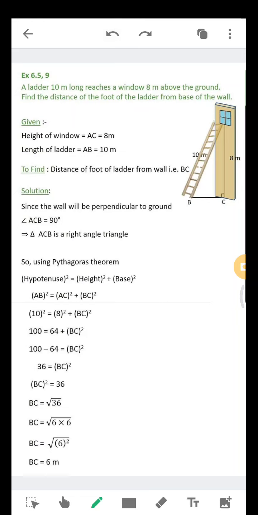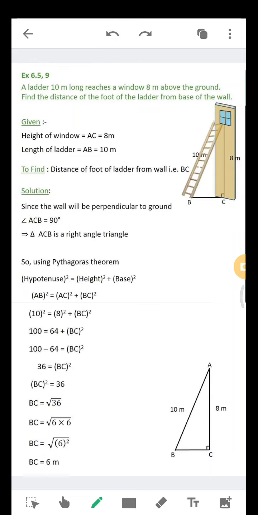We can use Pythagoras theorem here, that is AB square is equal to AC square plus BC square. That is, hypotenuse square is equal to height square plus base square. We don't know the base here, so we need to find the length of this BC.